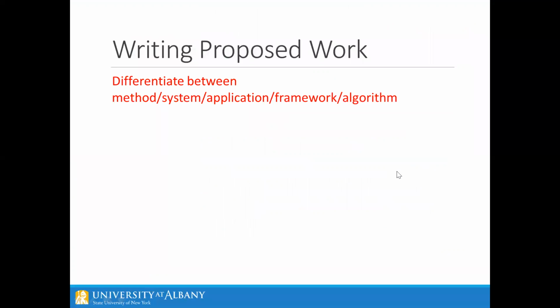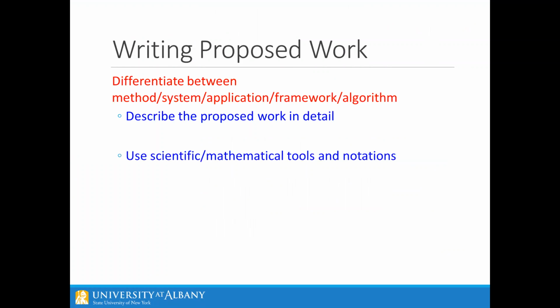Okay, right. So in proposed work, as we mentioned, you need to provide the proposed work in detail. You can use scientific mathematical tools and notations to describe your work.